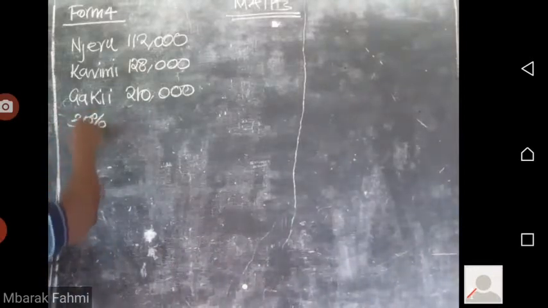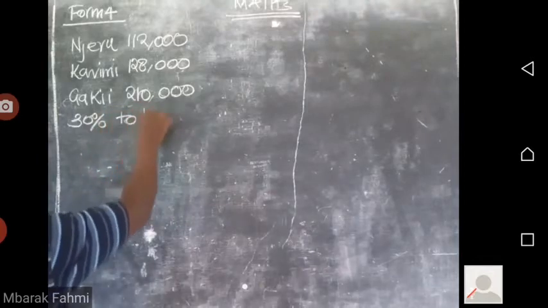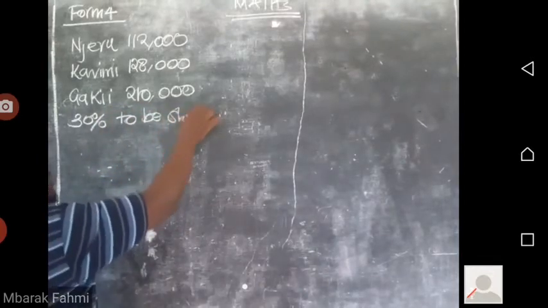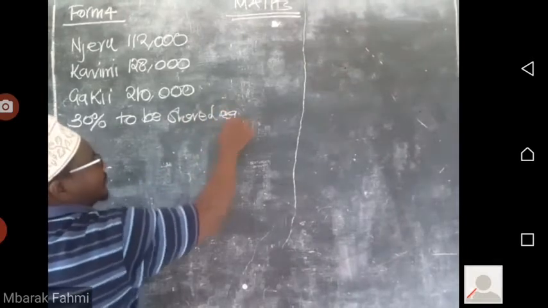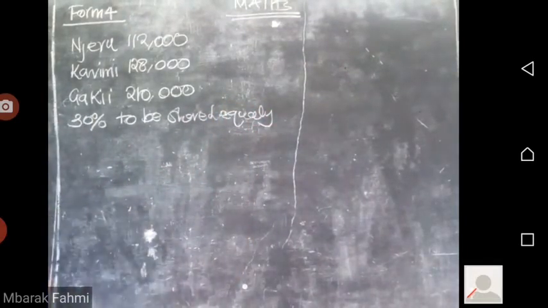30% to be shared equally. Okay? So 30% of their profit to be shared equally.